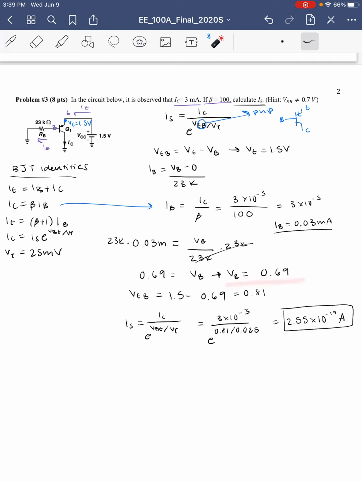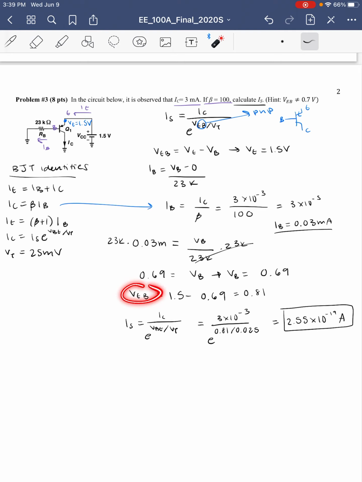So VB is equal to 0.69 volts. And so now that we know what VB is, we can plug that into this equation. So VEB is equal to VE, which we said was 1.5 volts, minus 0.69, which is what we just found to be VB. And that's going to be equal to 0.81 volts.